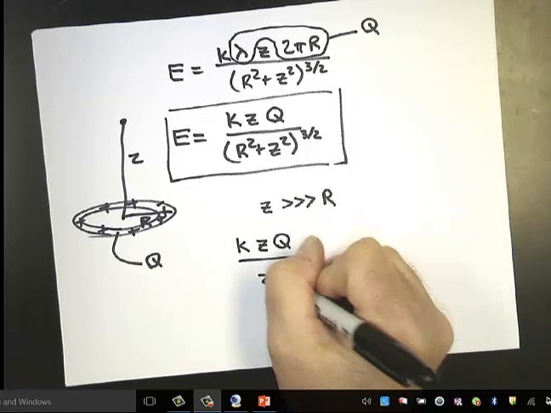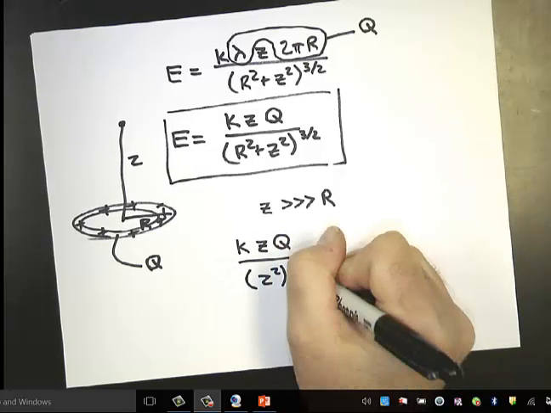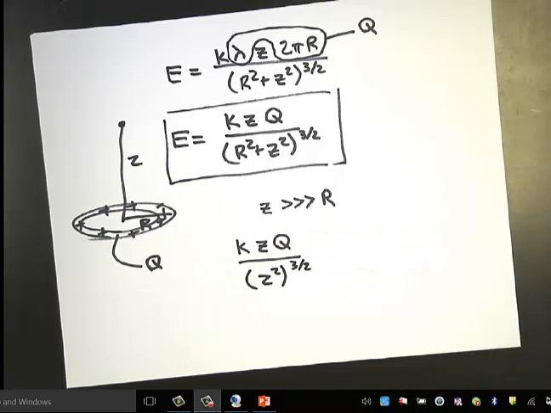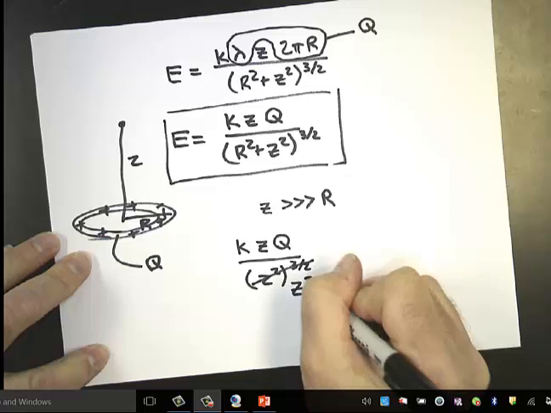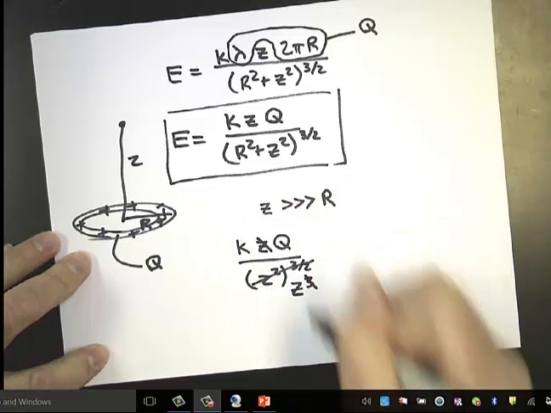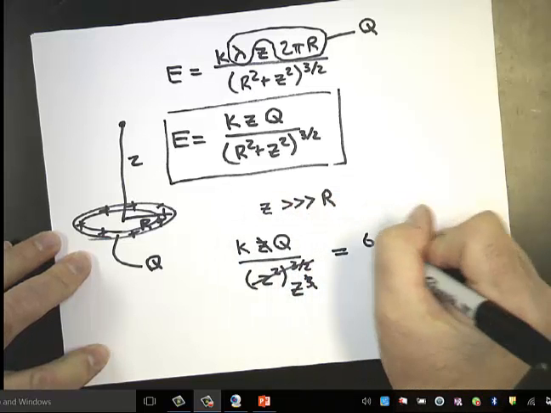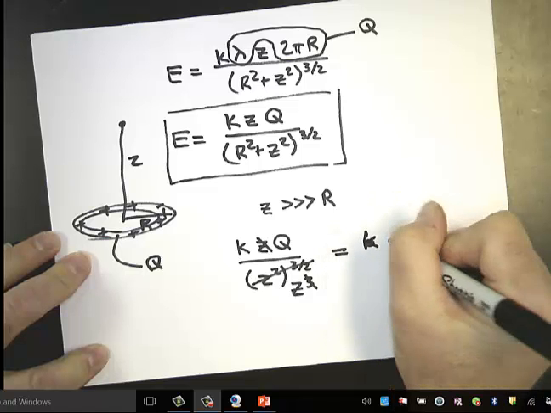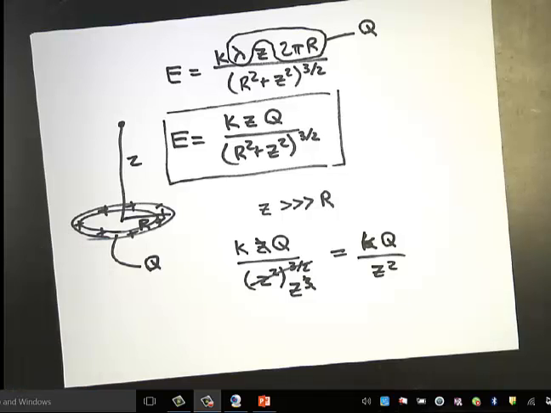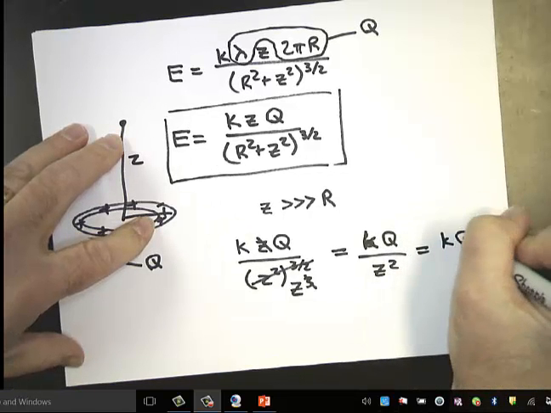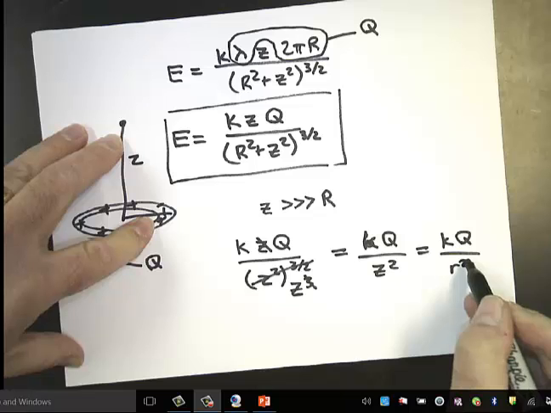R doesn't matter so much. So if we do this, we say, oh, okay, that's like having a z cubed on the bottom, which cancels out one of our z's, which means we've got k q over z squared. Oh, that looks familiar. KQ over r squared is for a dot.